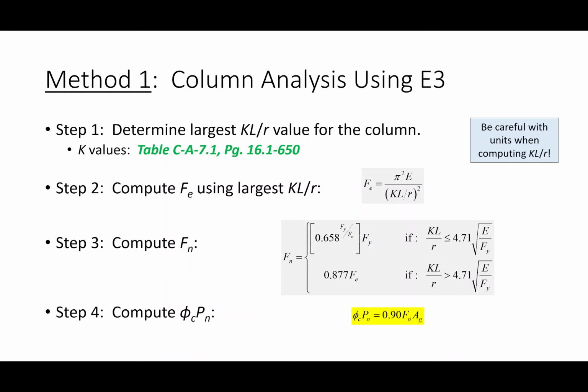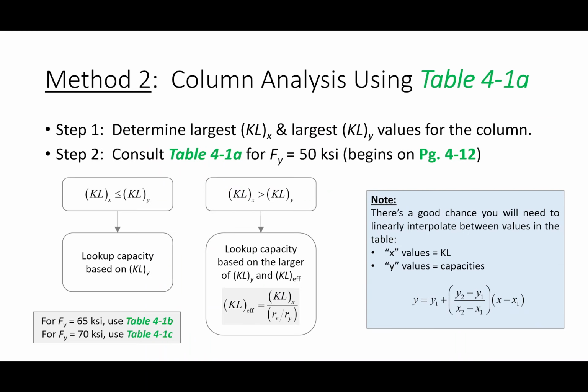The problem is this expression is too complicated to solve for an area for the purposes of design. It's too complex, so we need another way of analyzing columns. Or we need a design tool, I guess is a better way of saying it. We need a design tool, but we can use that design tool to analyze.